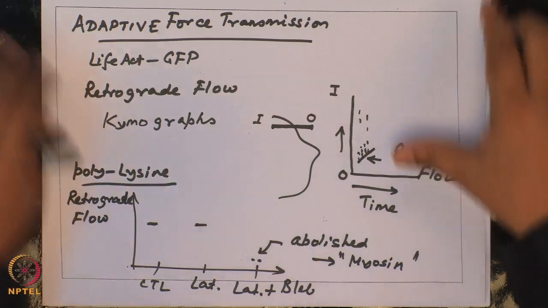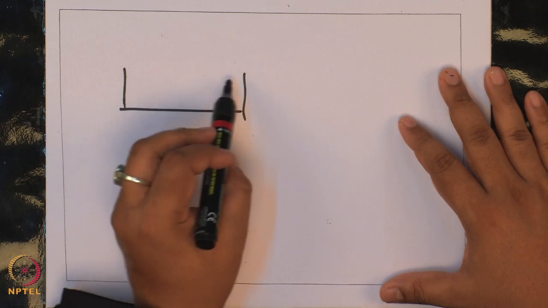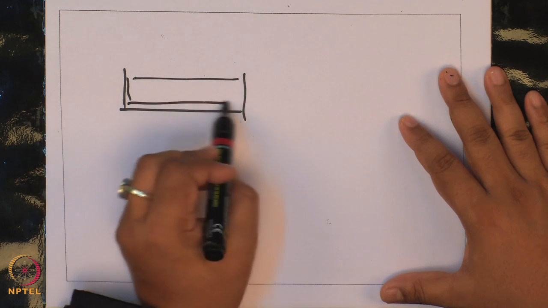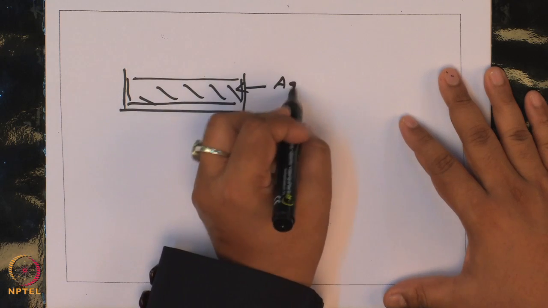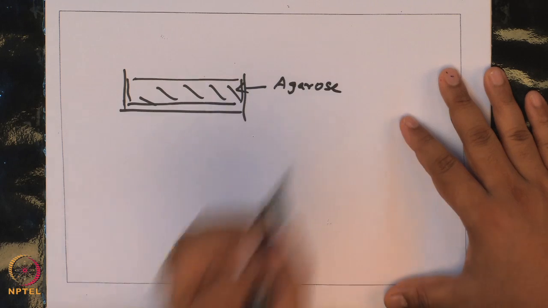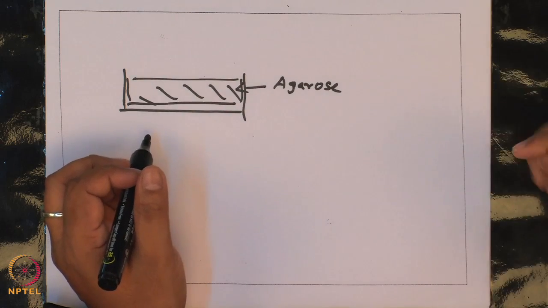To check how these cells would migrate under non-adherent conditions, the authors used a setup. So, in side view, this is a non-adherent plate. They polymerized a layer of agarose, which is inert, so the cells cannot adhere to agarose.